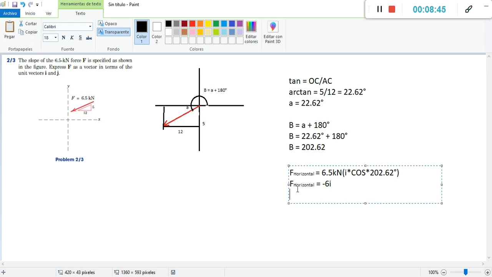For the vertical component it is the same, but for this situation we're going to use the sine. It's the same force, 6.5 kilonewtons times j times sine of 202.62 degrees.